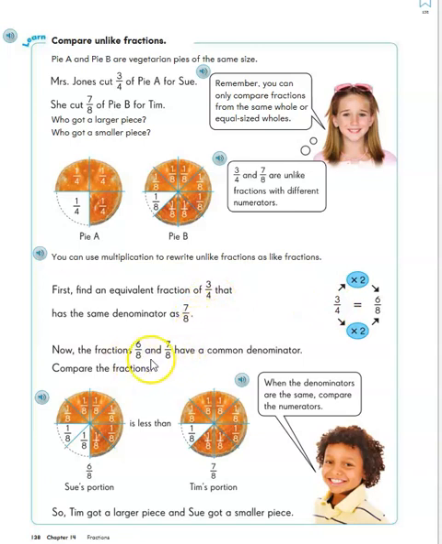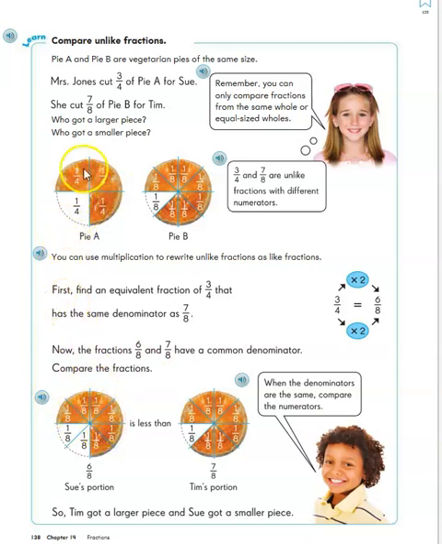So now they are much easier to compare, right, guys? It says now the fractions 6/8 and 7/8 have a common denominator. A common denominator just means now they have the same denominator, so they're so much easier to compare now, even though this is the same as this.